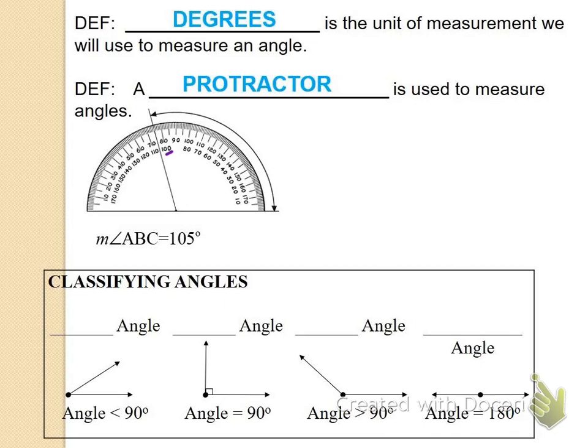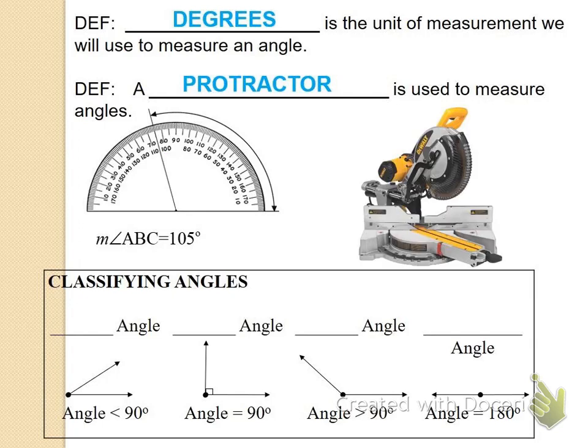Okay? Now that we know how to measure an angle, we can use the measure to help us classify the angles, right? If an angle measure is less than 90 degrees, right? There's a miter saw. Miter saws use angles all the time. But anyway, if an angle is less than 90 degrees, we call that acute. If an angle is 90 degrees, that's a right angle.